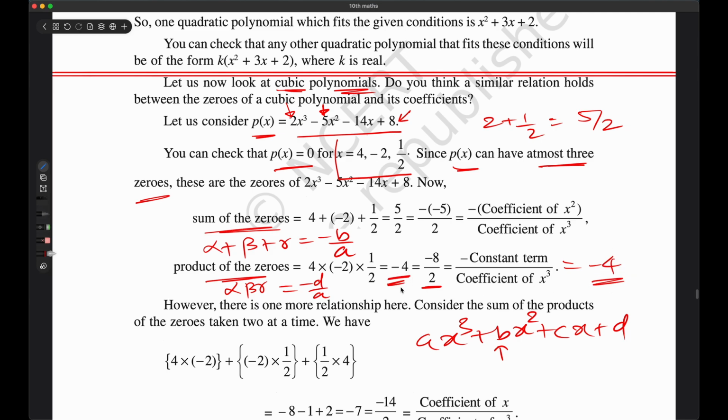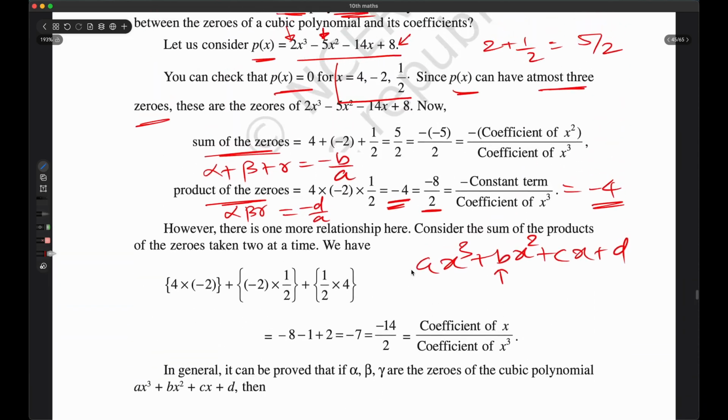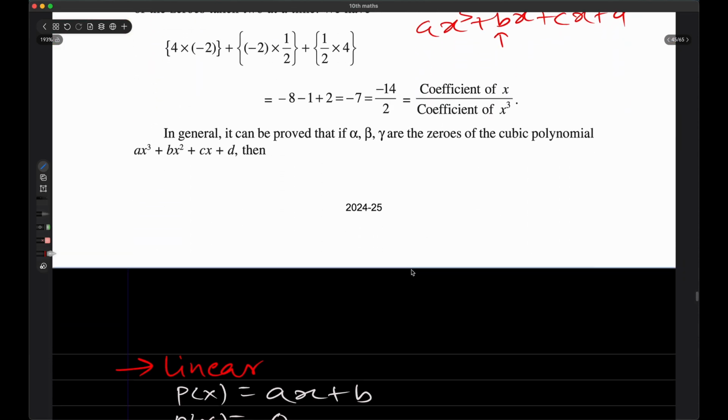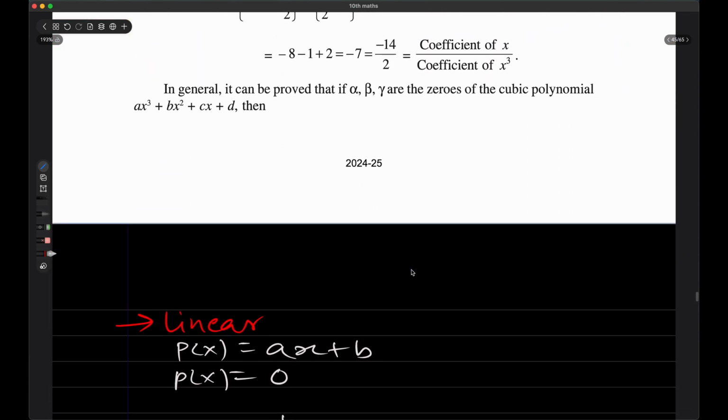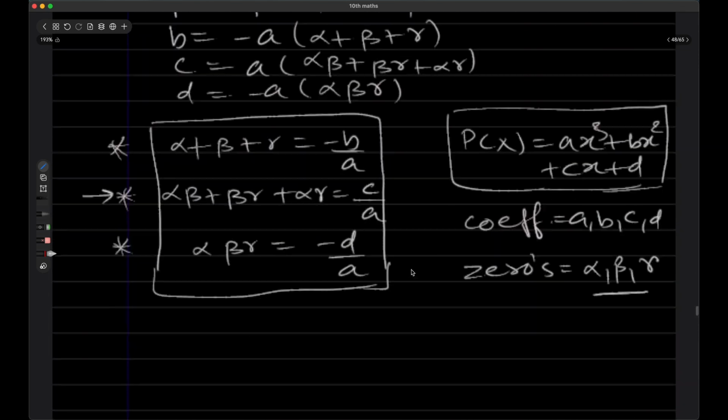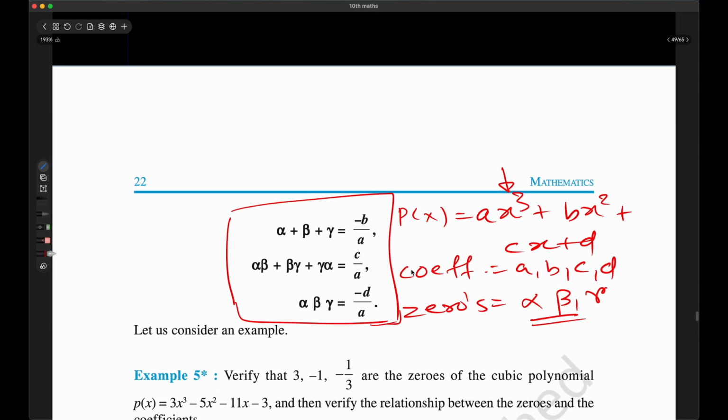The left hand side and right hand side are equal. We have proved these three equations, and how these three equations come.